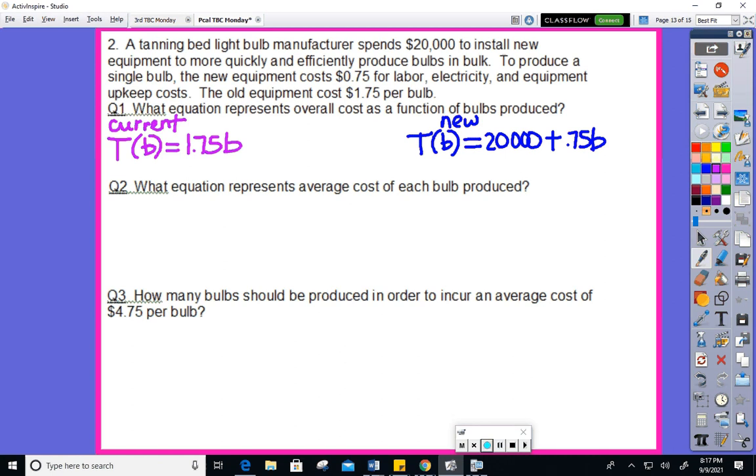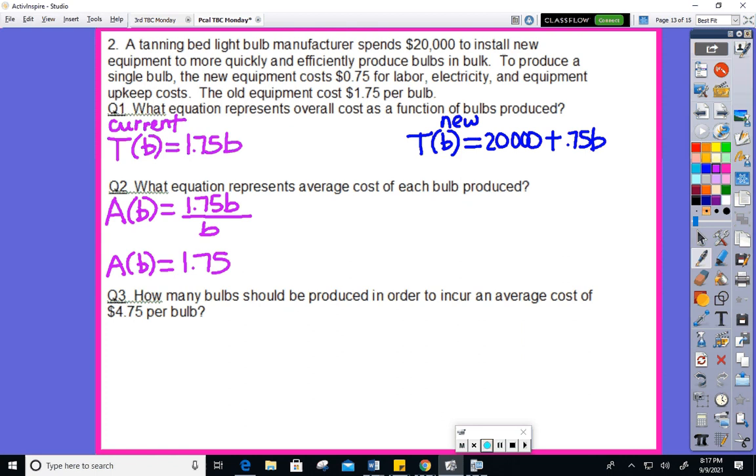I don't know if you remember that we did an average cost problem back on assignment 10, and we said the average cost is just the total cost divided by the number of items produced. So in the old equipment, the average cost per bulb would be the total cost divided by the number of bulbs produced. That just means that no matter how many bulbs I produce, the average cost per bulb is $1.75 per bulb, period, with the old equipment.